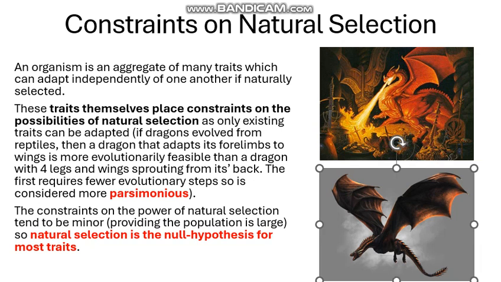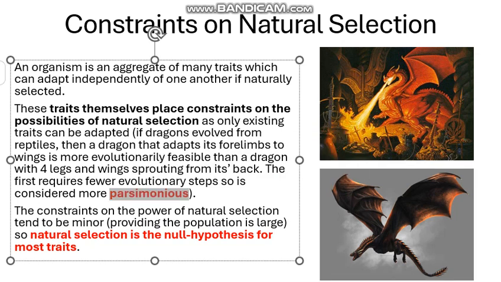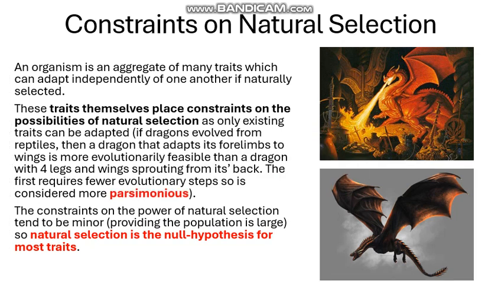Whereas the bottom example, it would just have to take its already existing 4 limbs and adapt those into wings. So this is far more realistic. We see it in pterosaurs, we see it in birds, we see it in bats. And we call this a more parsimonious explanation, so it requires fewer leaps to happen.